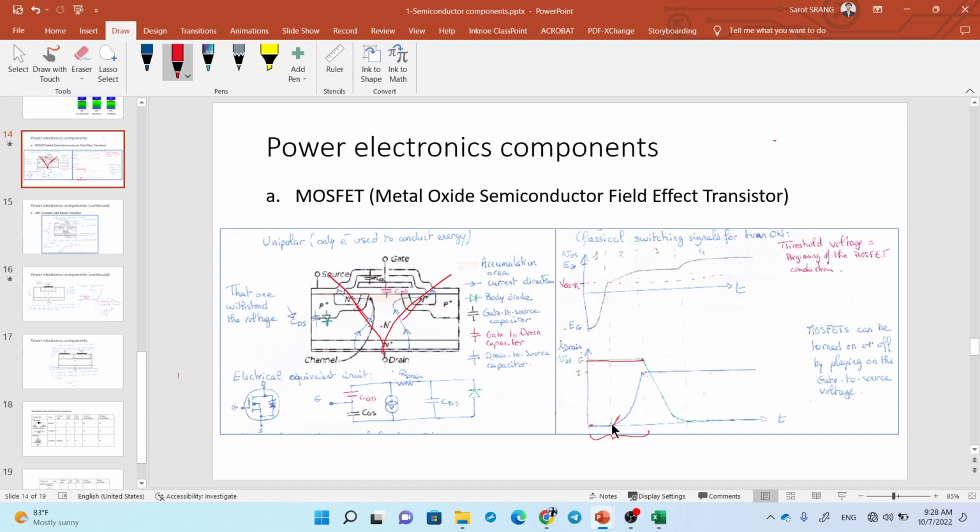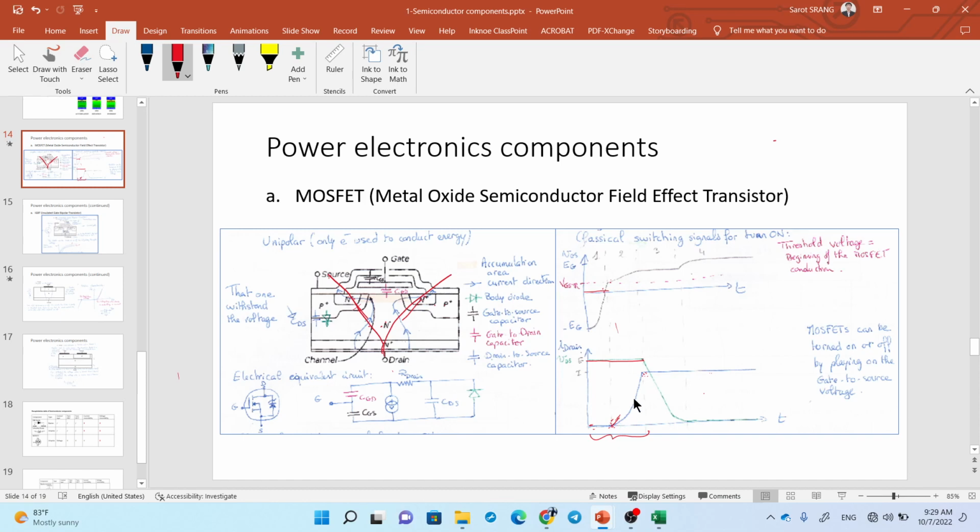So when it is completely turned off like this, there's no current because the voltage applied through the gate is still negative, right? You put the condition that makes it turn off. And when the voltage VGS starts to increase to the positive part, then the device starts to turn on.